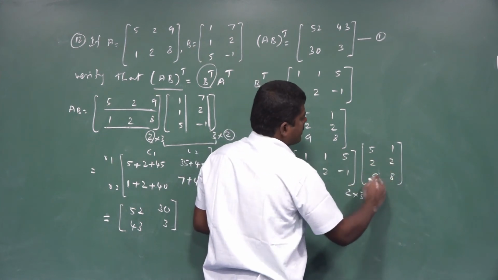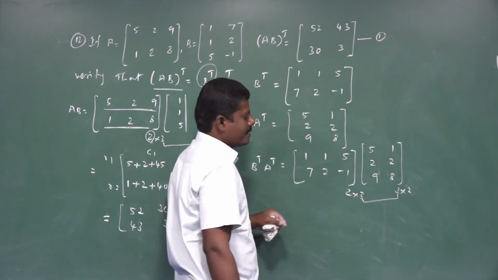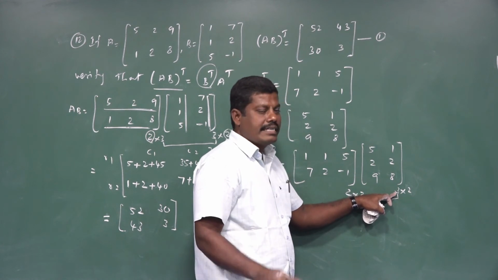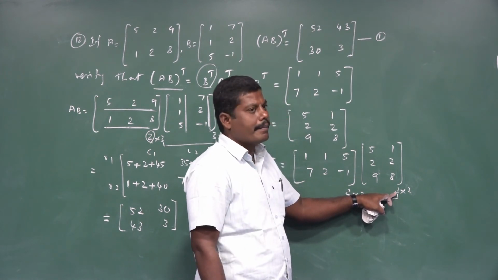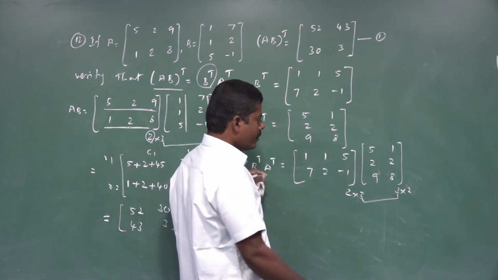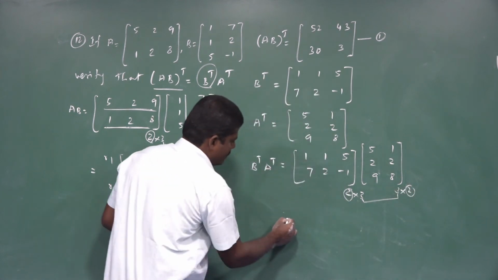The order of our second matrix is 3 rows and 2 columns. So matrix multiplication is possible because the number of columns in the first matrix is equal to the number of rows in the second matrix. Therefore, the product of B transpose A transpose is possible. Our result order will be 2 rows and 2 columns.